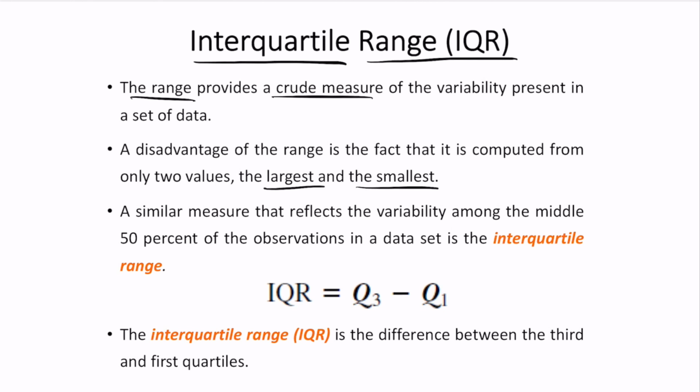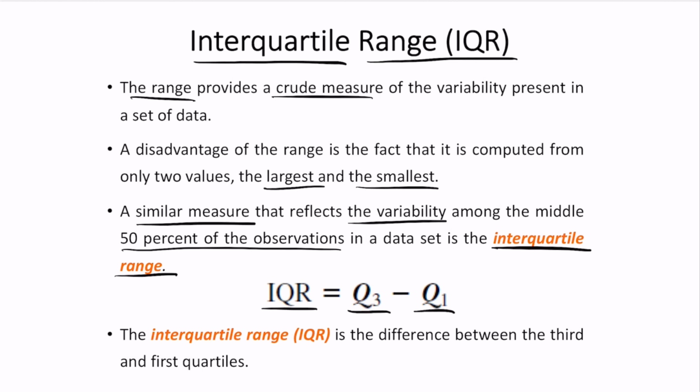Because it's a crude measure, we do not have a sufficient way of understanding what the range represents. Another similar measure that reflects the actual variability among the middle 50% of the observations in a data set is called the interquartile range. The interquartile range is given by Q3 minus Q1. Now what is Q3 and what is Q1? Remember the quartiles.